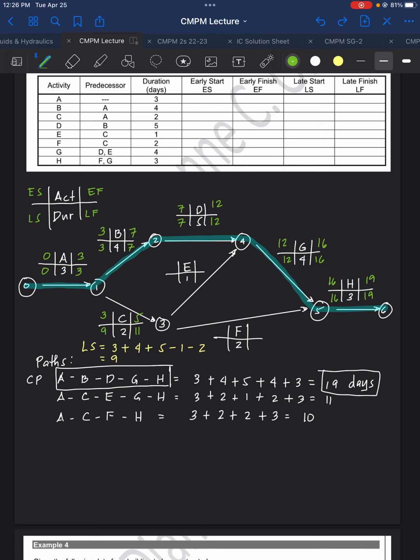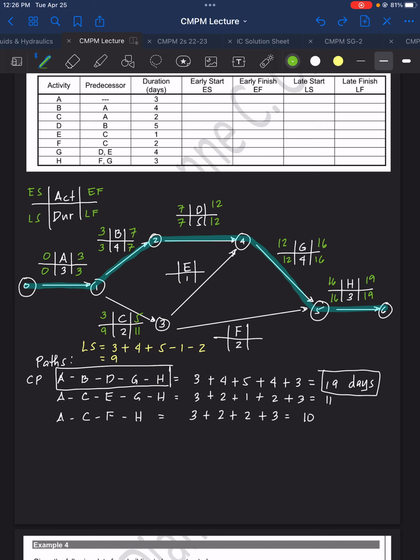Now how about the late start of activity E? So again, we will solve first the early start. The earliest time that activity E can start. Activity E can start when C is finished.